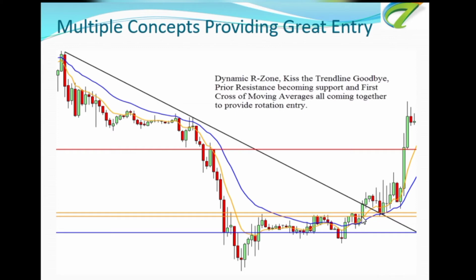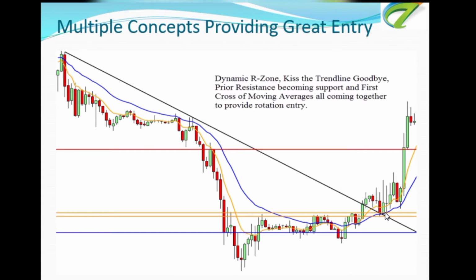Here was the first cross, and we waited for the breakage. This cross indication was already here. This 8 moving average crossed this 21. So it was the first indication, second indication, retraced, tested again, third indication, and this dynamic R zone range, fourth indication.